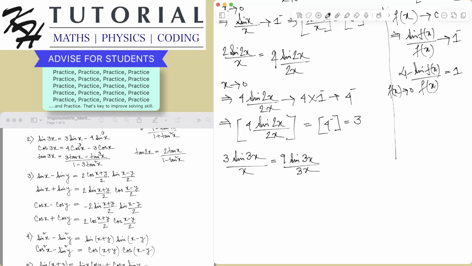Now x tending to 0 will imply that 9 sin 3x by 3x will tend to 9 minus. That is, since when x tends to 0, the value of sin 3x by 3x will tend to 1 minus, then 9 into sin 3x by 3x will tend to a value which is a little less than 9.